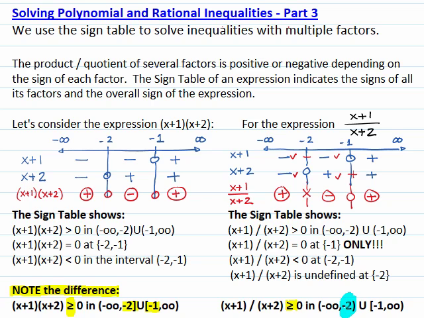There is a domain restriction that doesn't allow the denominator to be 0, but x could equal -1.